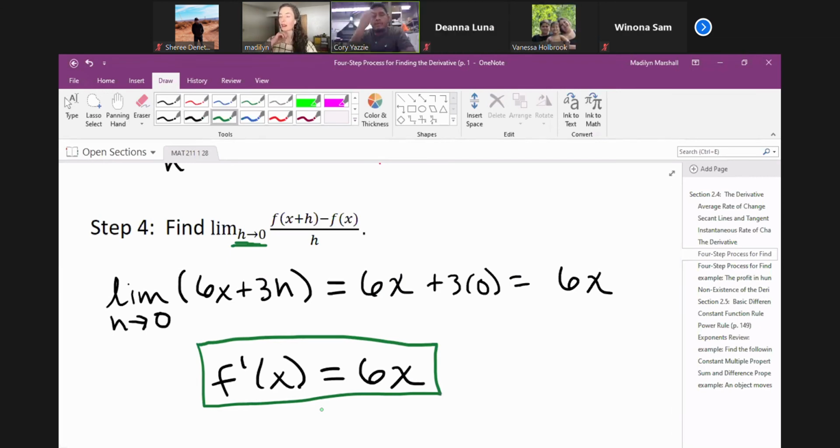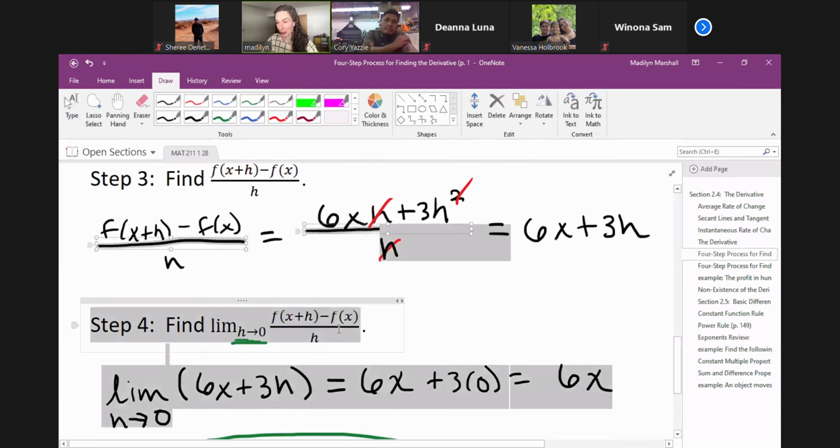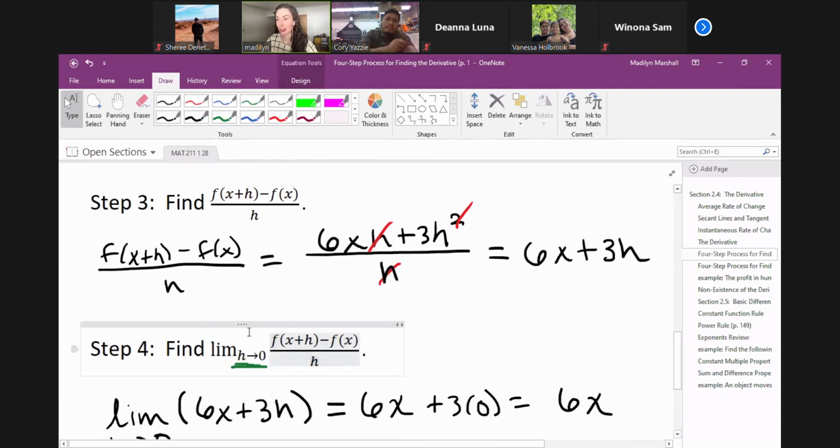If we were to do one of these problems in the homework, do you want us to do it step by step, or could we just skip all the way down to the final step and fill it in? You can skip all the way down to the final step and fill it in.